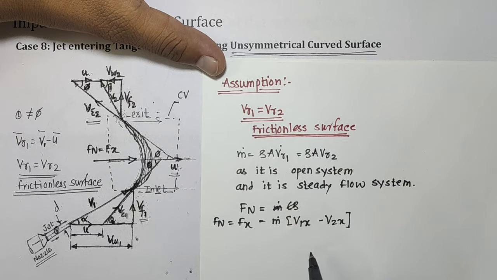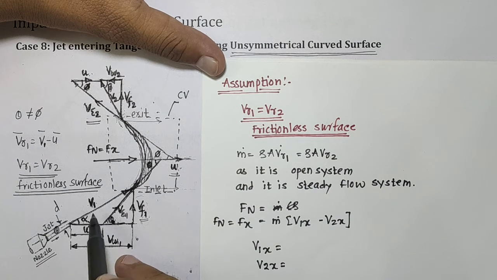So v1x and v2x in this case are these components of velocity. This is absolute velocity v1. It has the component of velocity in x direction, Vw1, in this direction, so it has to be considered as positive.